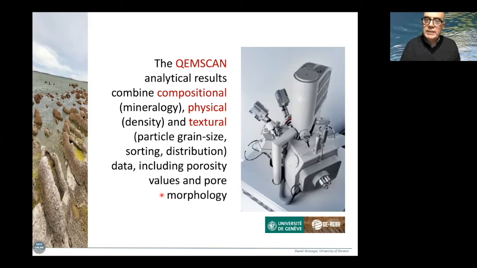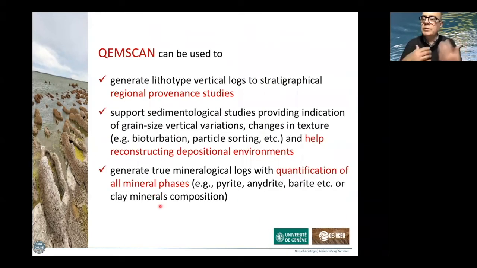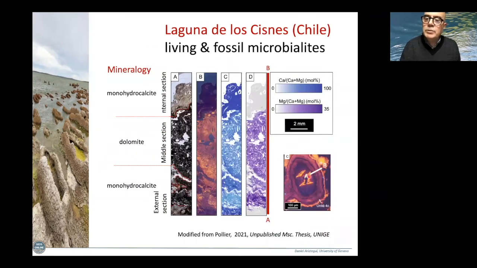We use this to generate vertical logs, as if you were looking at a core, but also to support sedimentological studies that provide indications of variations, for instance in grain size, and other aspects that will help us reconstruct the depositional environments. But what we were mostly interested in this case was to generate true mineralogical logs with quantification of all mineral phases. This is what we did in this same sample you can see here.